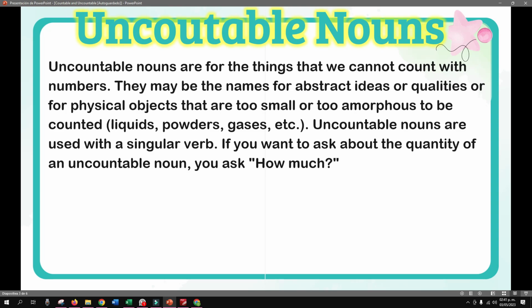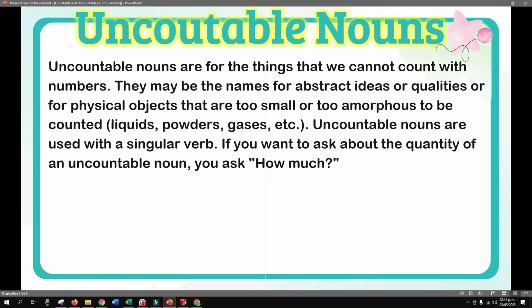Uncountable nouns are used with a singular verb. If you want to ask about the quantity of an uncountable noun, you need to use how much. So, how many for countable nouns, how much for uncountable nouns, right?